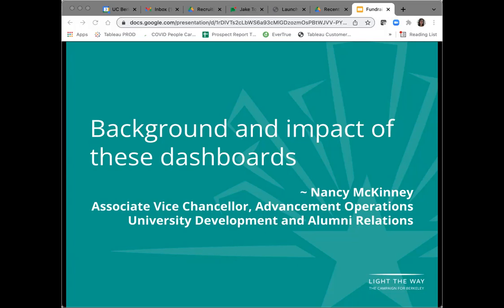So by way of background, this is really part of a large culture shift in the advancement community at Berkeley, which isn't just about UDAR, it's about all the campus units where there are embedded fundraising and alumni relations programs. And a shift towards data-driven management of people and programs.